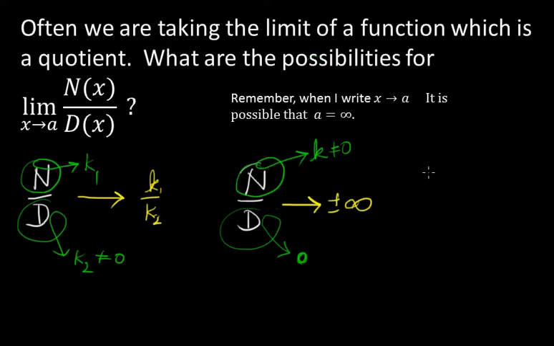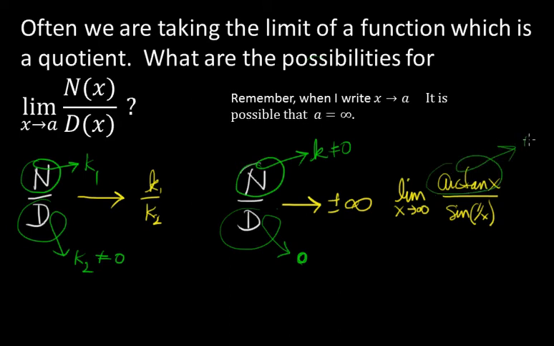For example, if we had the limit of arctan x over the sine of 1 over x as x approaches infinity. Let's see. Well, the arctangent of x as x approaches infinity, the numerator function, is approaching a constant, pi over 2, and as x approaches infinity, 1 over x is getting very close to 0, so this is approaching the sine of 0, or 0.